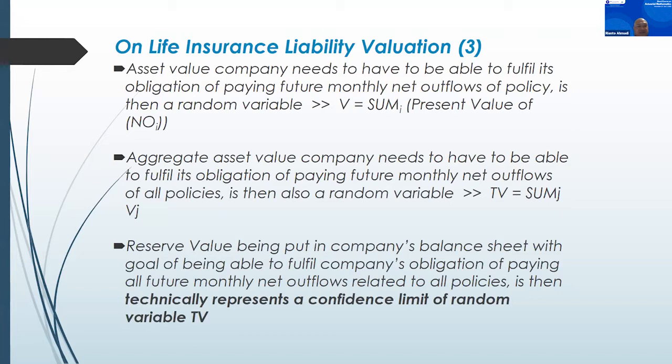We have to give them a value, a value where we are comfortable that the value in terms of asset value is going to be good enough for us to be able to deal with those net outflows in the future. So technically, what we need to put in the balance sheet is actually a good percentile, or maybe a confidence limit, of the random variable. Yeah. So let's move to the next slide.